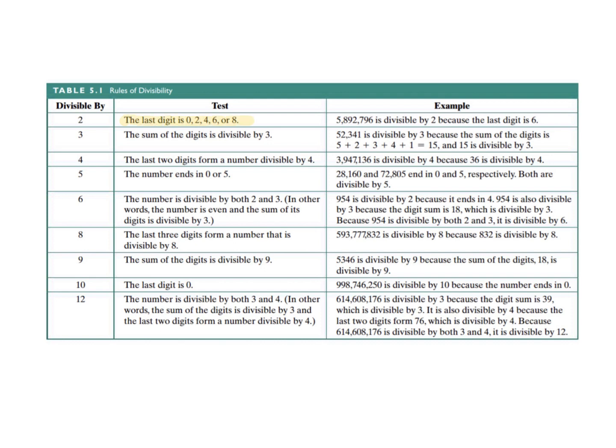If the last digit is 0, 2, 4, 6, or 8, meaning the number is an even number, then that number is divisible by 2. For 5, we're also going to just look at the last digit. If it ends in 0 or 5, then the number is divisible by 5. And for 10, we're going to look at the last digit. If it's a 0, the number is divisible by 10.